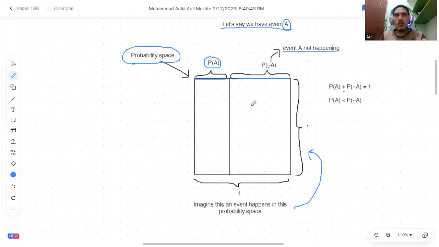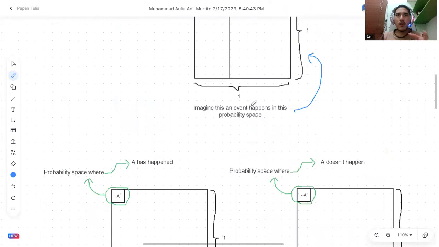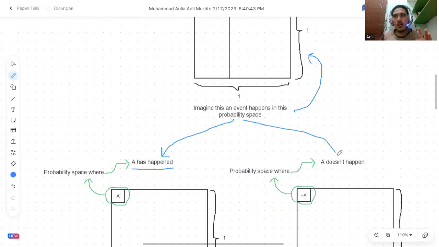Now, after this event happens, there are two conditions that might happen. The first one is A has happened, and the second one is A doesn't happen.